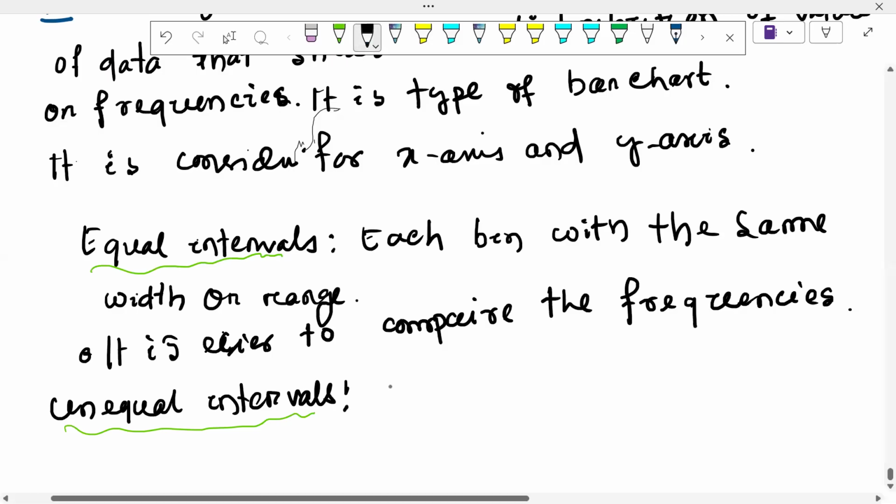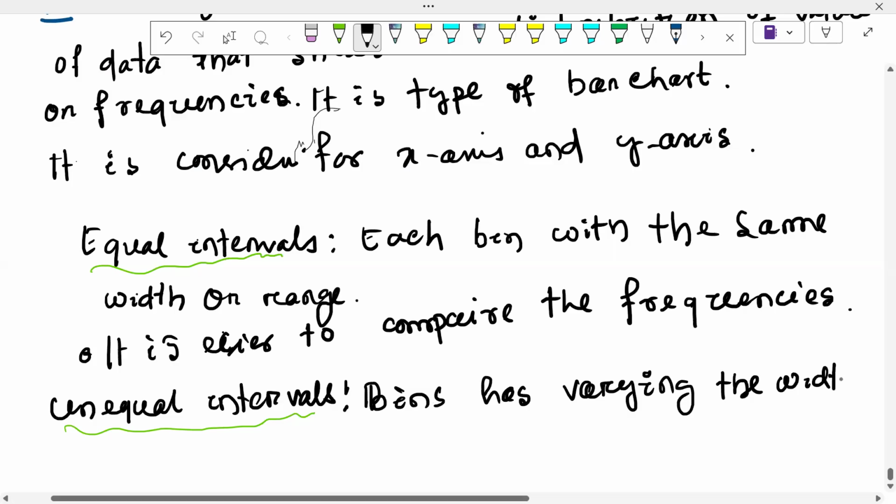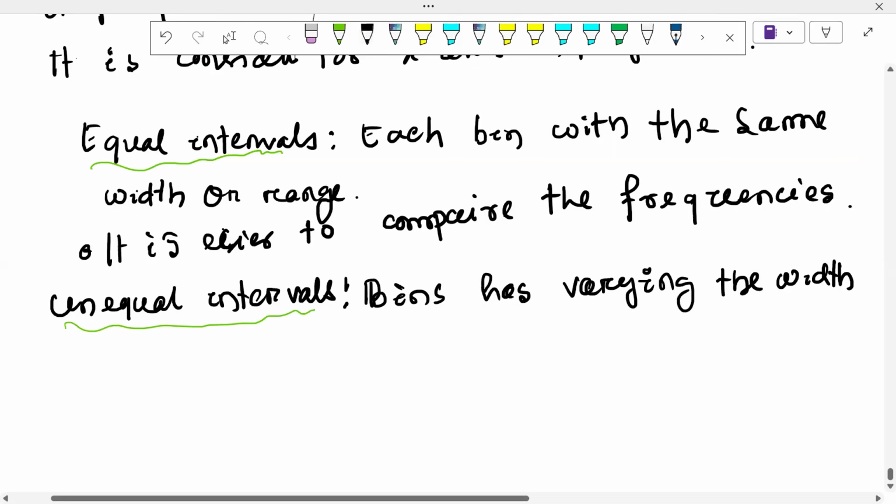So what are unequal intervals? Bins have varying widths or ranges.